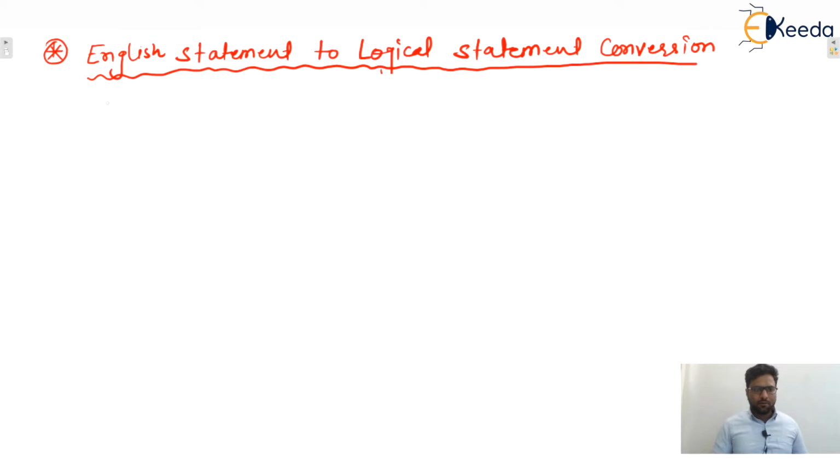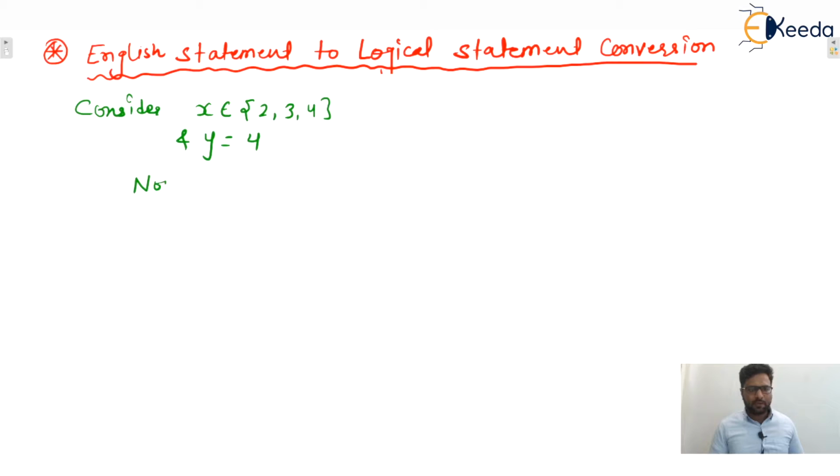Before proceeding to this conversion, let me clear some basics. Let's say one variable x belongs to the set {2, 3, 4}, and one more variable y has the value 4.